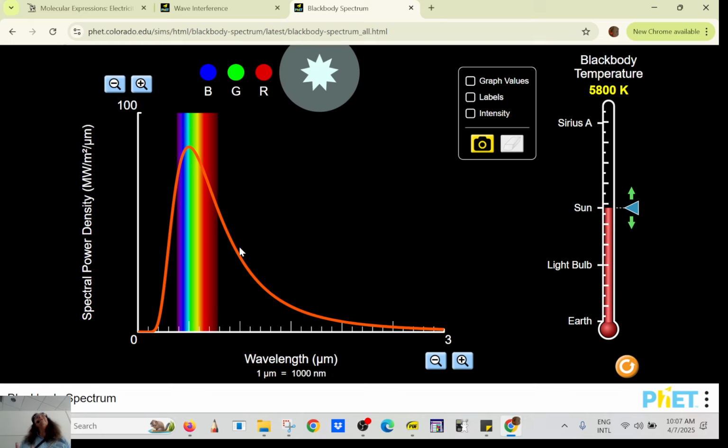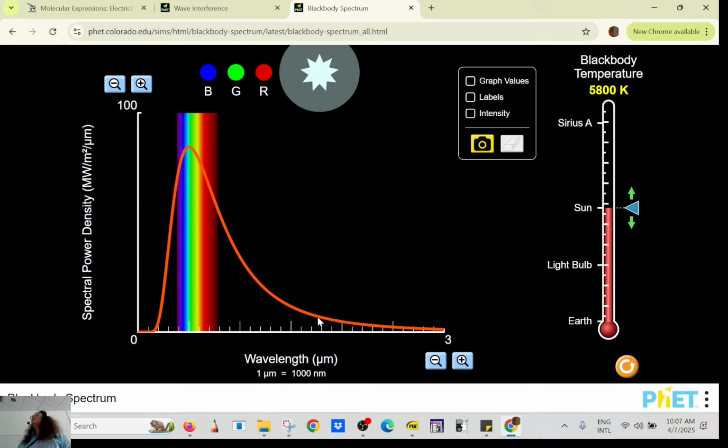Just after Max Planck, you have Einstein, who proved that light sometimes will behave like a wave, but sometimes light will behave like photons, right? So a little light particle, a little bundle of energy. So that was the beginning of quantum physics, the early 20th century. So he developed this mathematics, which is very interesting.